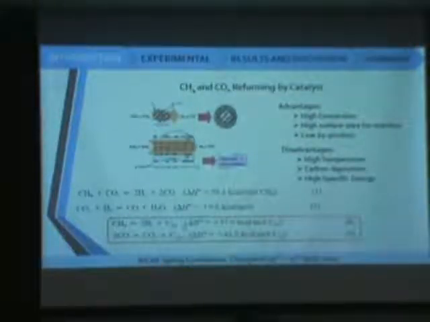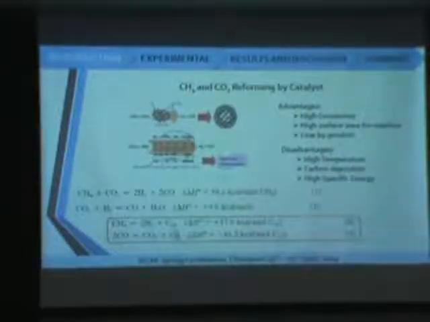Another process is called the dry reforming process, and one of them uses a catalyst at high temperature. Here I would like to show some main reactions with this catalyst process. You can see there is a byproduct here, carbon dioxide, and a carbon deposit on the surface of the catalyst.